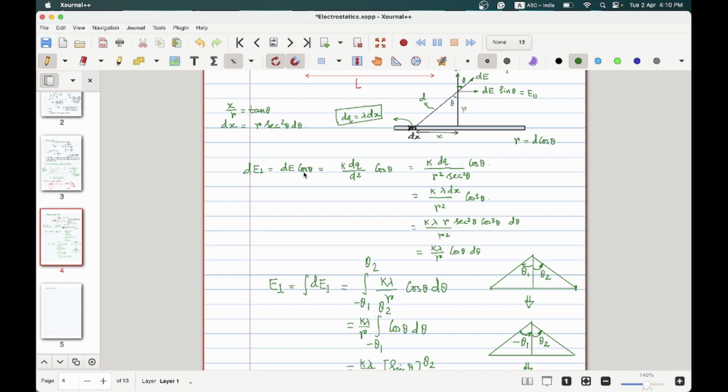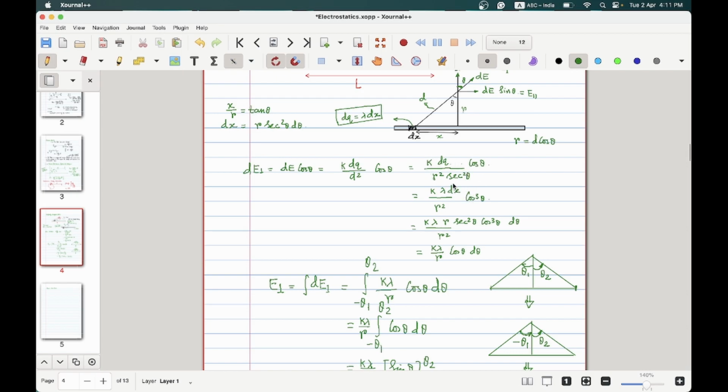If this cos theta is replaced by sin theta, then this expression should be sec square theta cos square theta into sin theta. Is this thing clear? Any problem? This is cos theta and this is the dE.